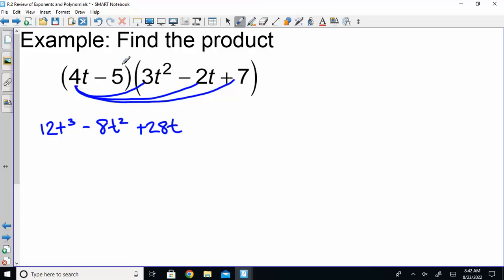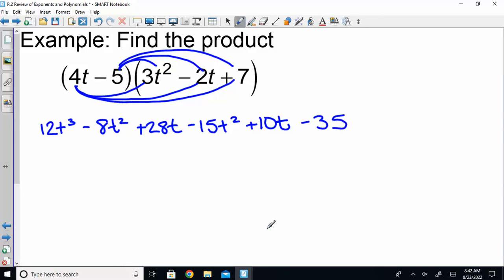And then we take everything times negative 5. So negative 5 times 3t squared, negative 15t squared. Negative 5 times negative 2t, positive 10t. And negative 5 times 7 is negative 35.